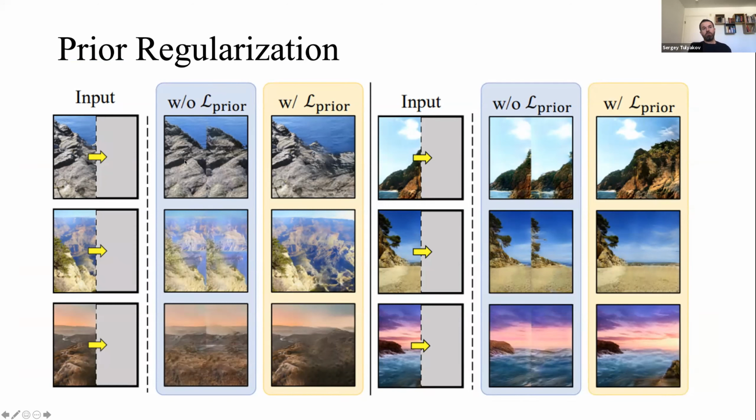So it overfits to that task and doesn't consider the outpainting task. But if we add the prior loss, we see that the boundary disappears and this no longer happens. So you can see that it's much better here.